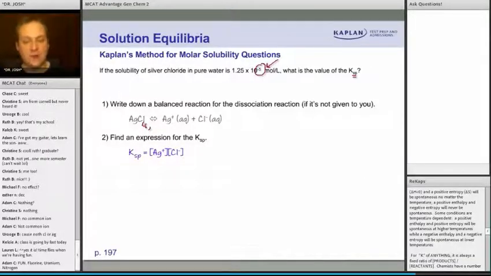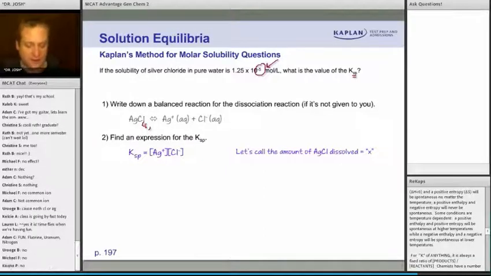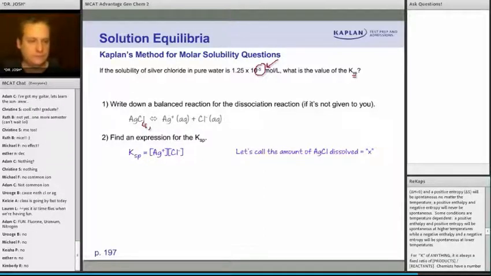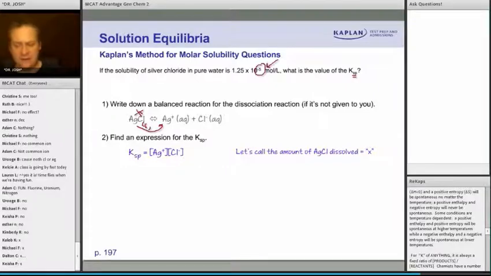We know that it's nothing more than the products divided by reactants. But since it's dissociation, the reactants are solid, so we boot them out, forget all about it. KSP. Done. Now, we did this earlier. Do we know how much silver chloride is going to dissociate? Nope. So remember earlier, we said, let's say X dissociates. So if X moles of silver chloride dissociate, how much silver should we get?